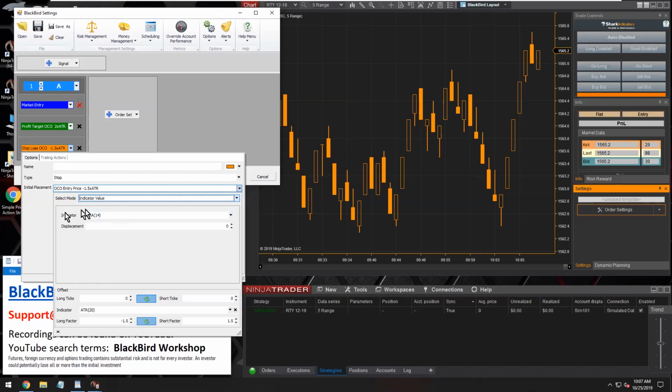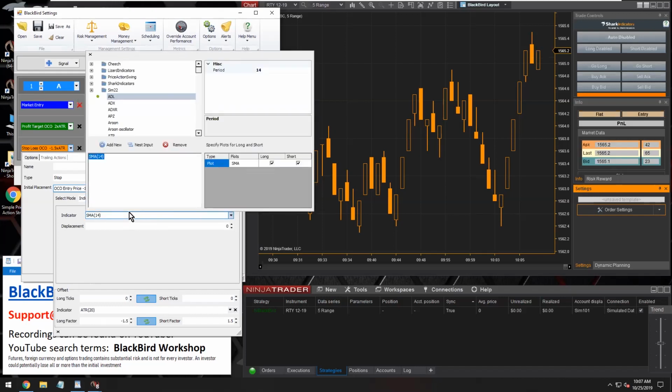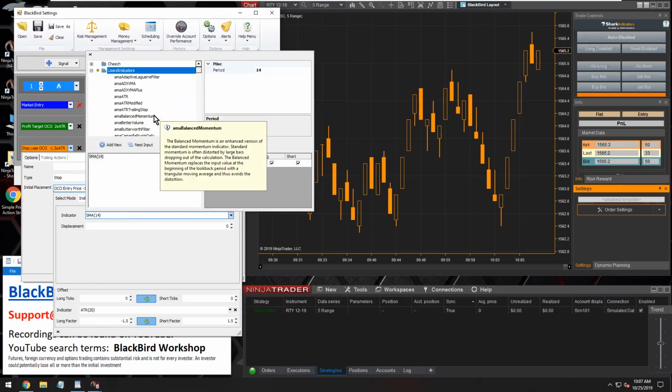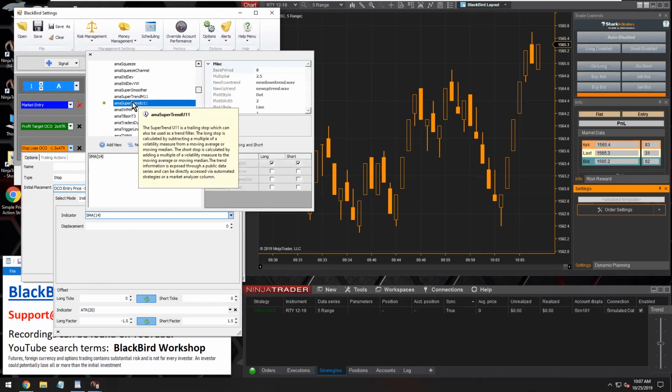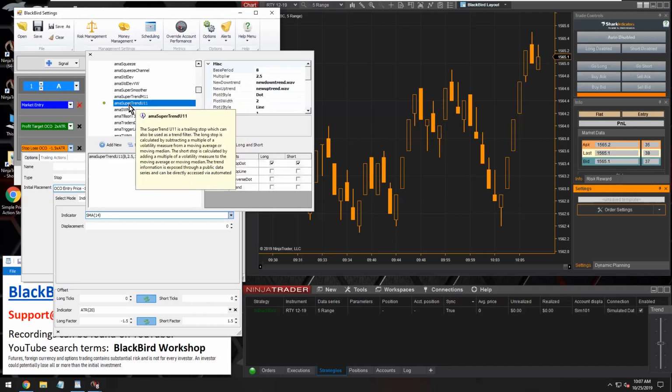So you could possibly be using the indicator value mode here. For example, a lot of people like to use, let's go down here, the super trend. There we go.